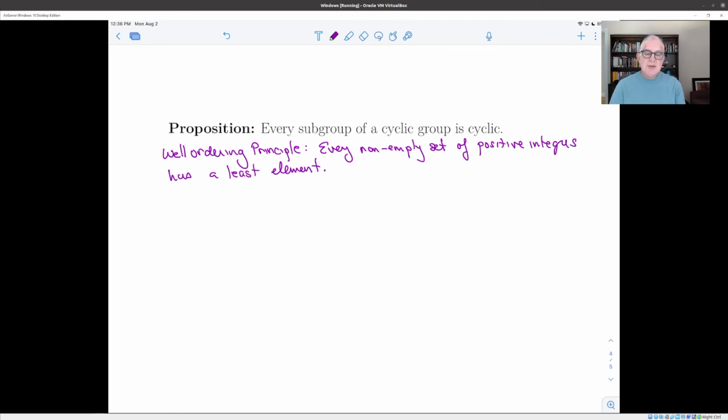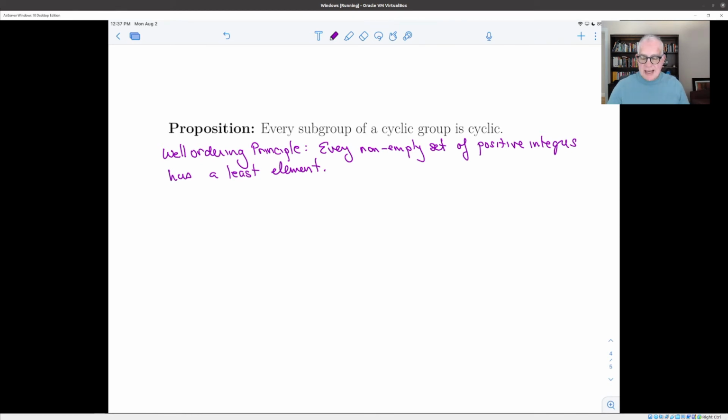And the way it's used typically is, we're going to make use of the fact that if we have a set of positive integers which is non-empty, then we're going to use the least element. And intuitively, this makes a lot of sense because if we think of the positive integers as just the positive integers on the number line, it's pretty clear that if you take any subset of them, there's a smallest element.